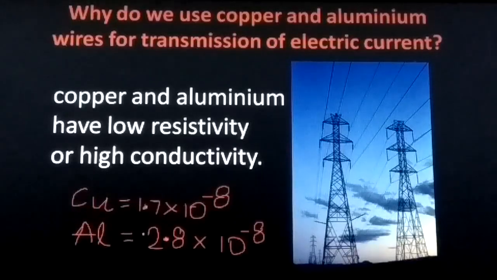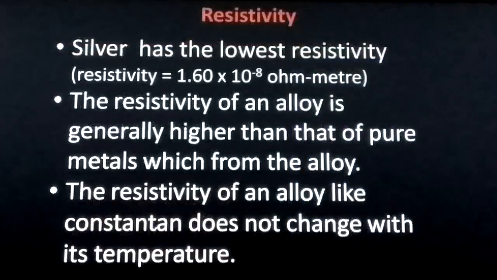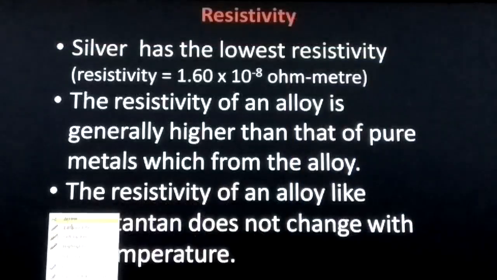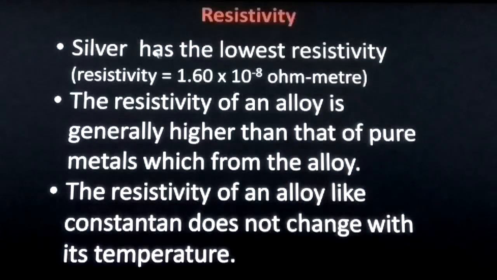Now students, we will move on to the next one, which is silver. Silver has a resistivity of 1.6 into 10 to the power of minus 8 ohm meter.